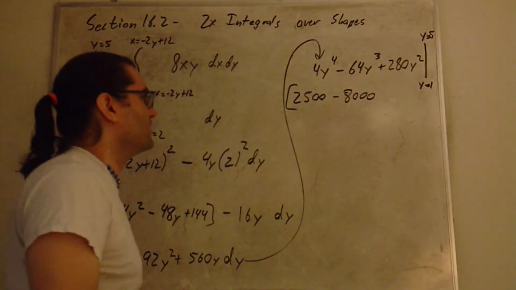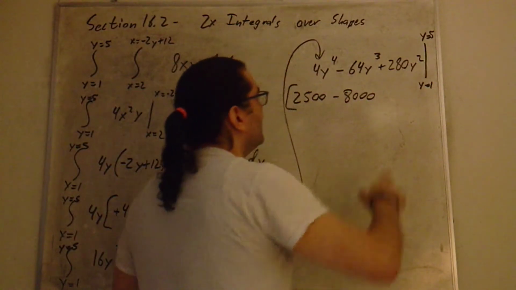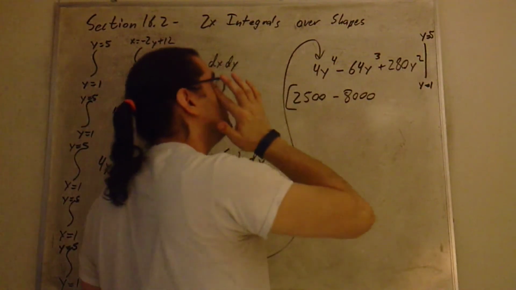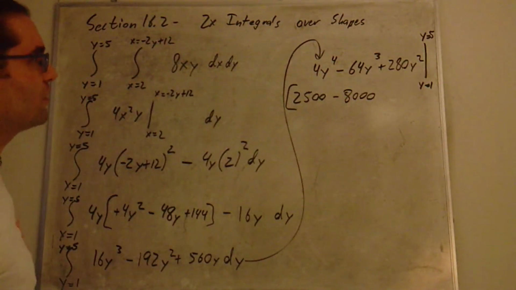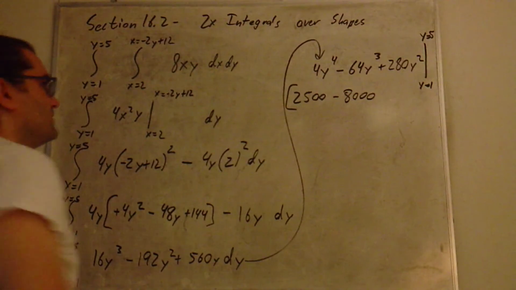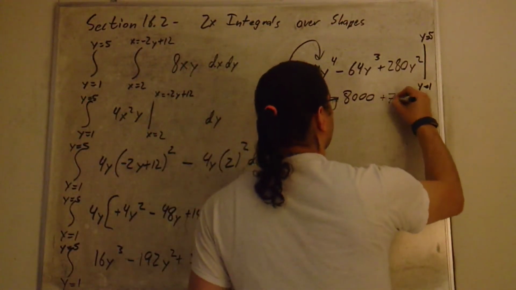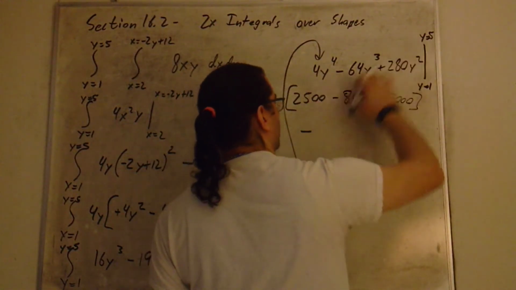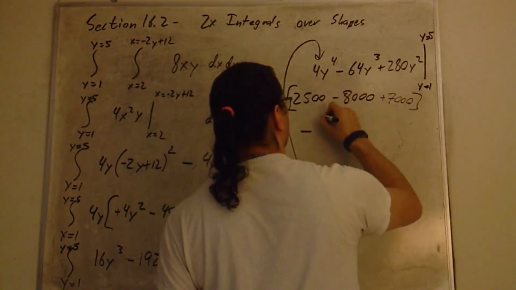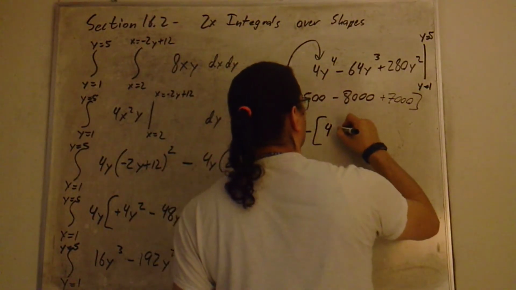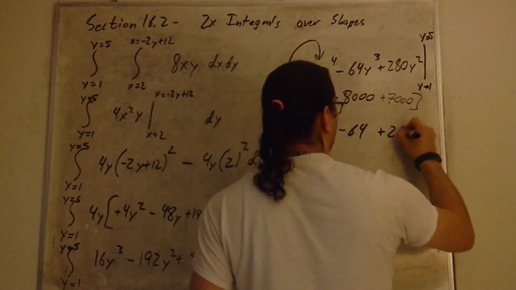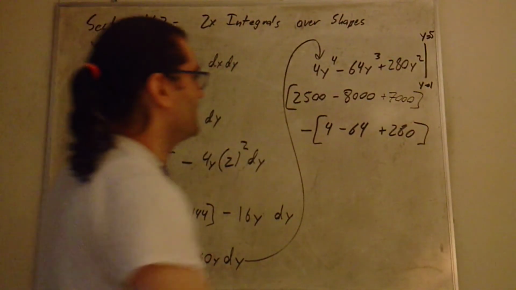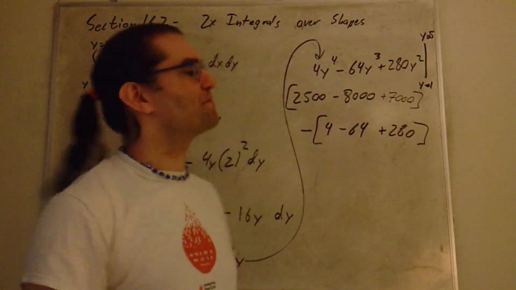I didn't know it was going to line up quite so closely. I'm guessing this is 7,000. Let's see, 25 times 280 is going to be 100 times 70. Yeah, 7,000. Plus 7,000. That's what happens when we evaluate at y equals 5. When we evaluate at y equals 1, we're getting 4 minus 64 plus 280. Yeah, the exact same numbers in the exact same places. That's actually very interesting. I did not know that was going to happen.